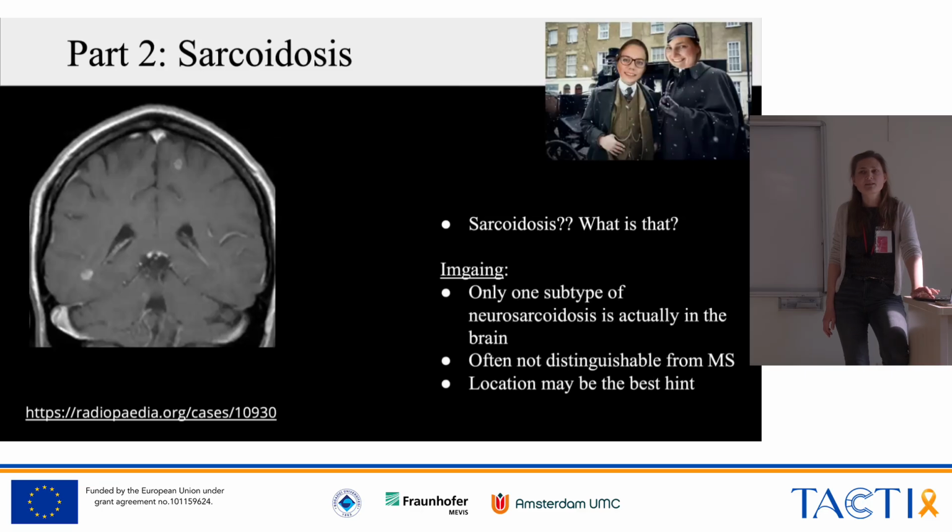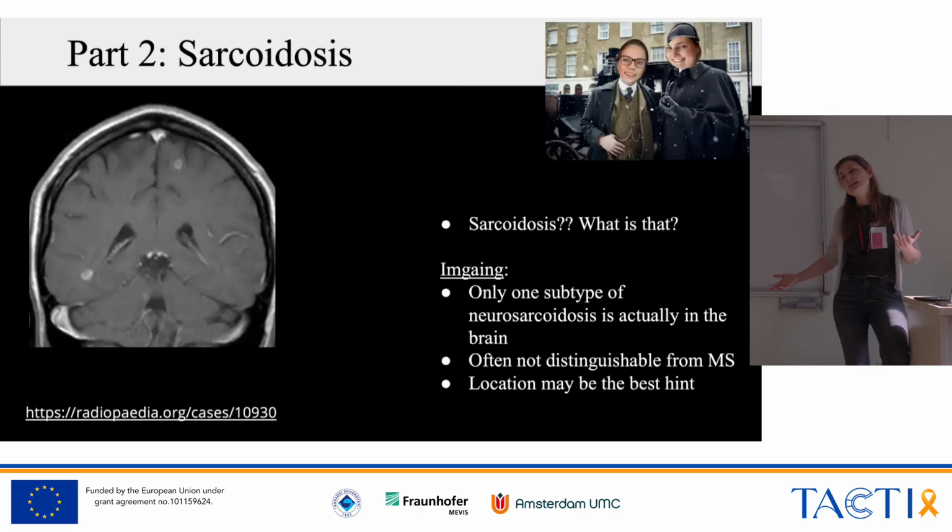In one subtype of neurosarcoidosis, so there's also leptomeningeal sarcoidosis, there's dural sarcoidosis, but you can be confronted with patients who only have brain lesions, and then this can be very tricky to distinguish from MS if you don't know any other information about the patient.